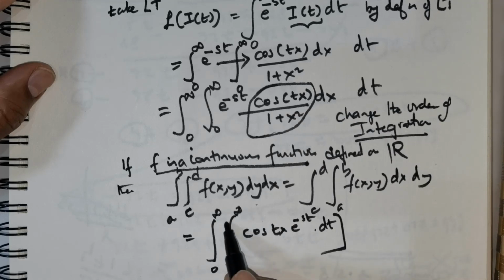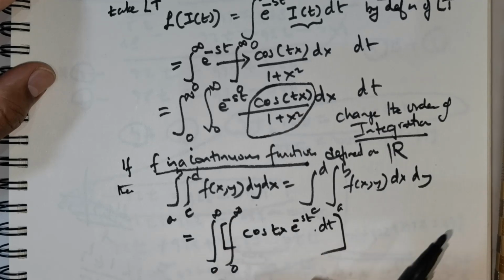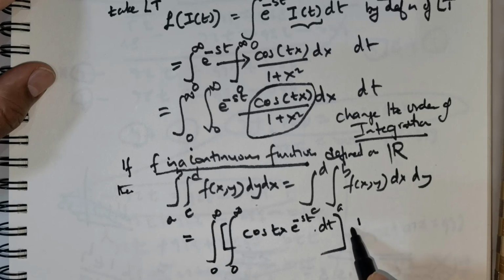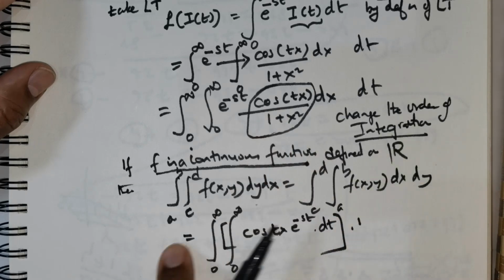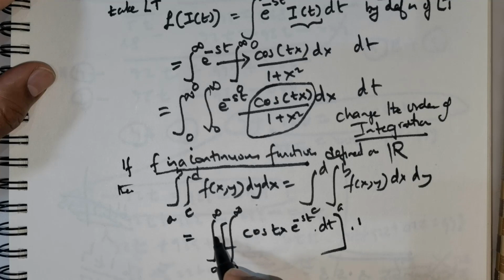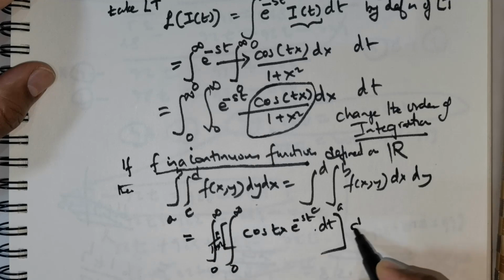So this is one integral, the first integral, followed by 1 over 1 plus x squared. In fact, it would have been much better if I had written it over here. So let me just write this: 1 over 1 plus x squared times dx.